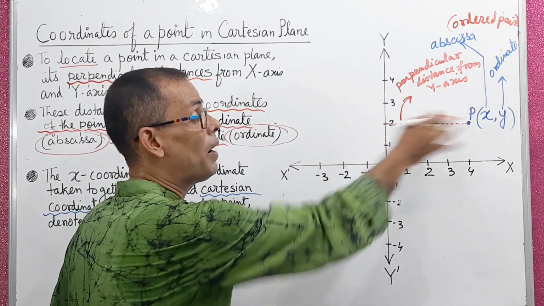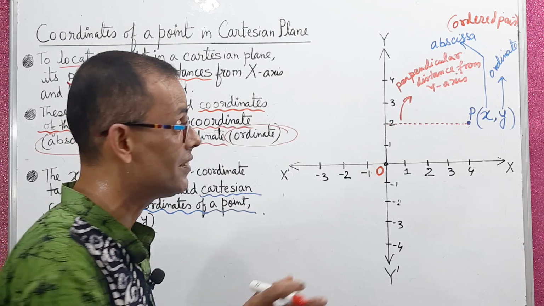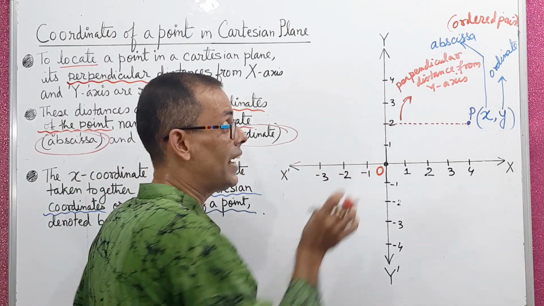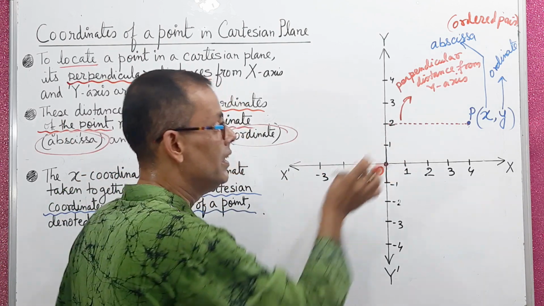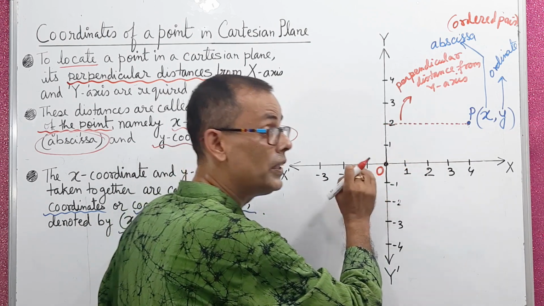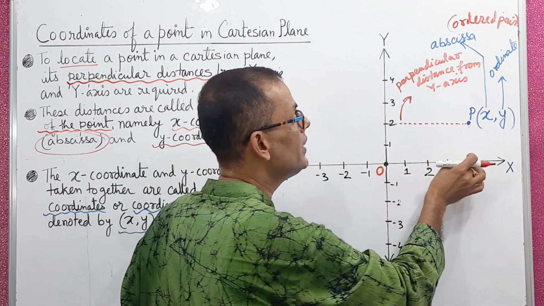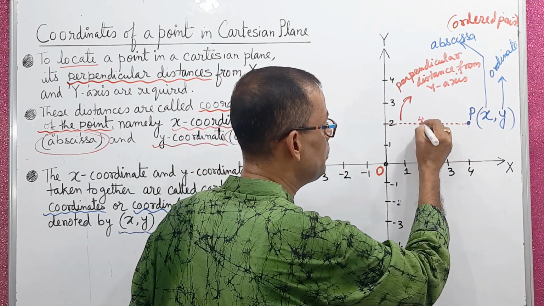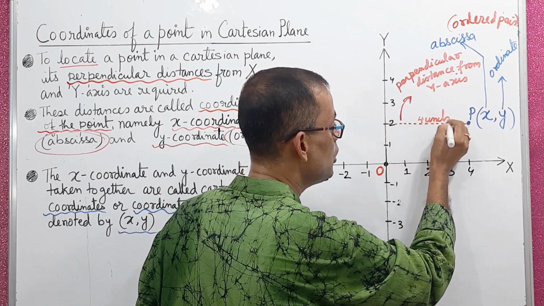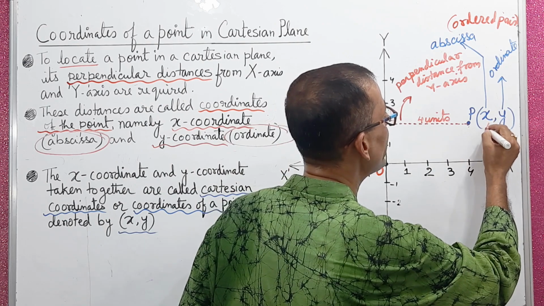To measure this perpendicular distance, we measure it along the x-axis, not along the y-axis. From here till here, we measure along the x-axis: 1, 2, 3, 4. So this measurement will be 4 units. So the value of x here will be 4.